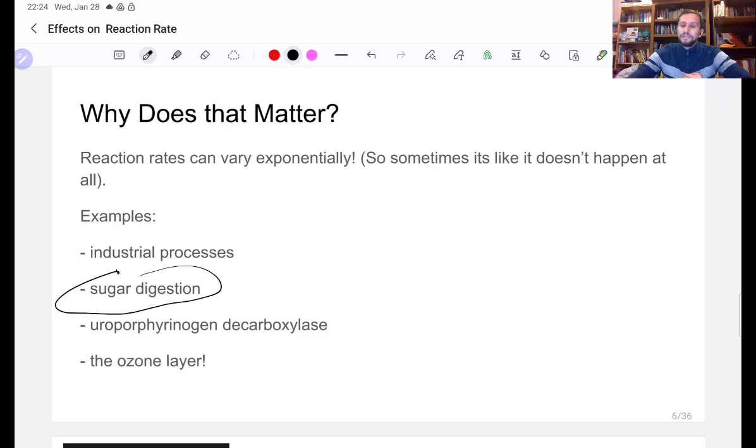But it takes so long that that's kind of misleading, because it would take so long, like we're talking more than your lifetime, for anything appreciable to happen. So it's basically not happening at all.